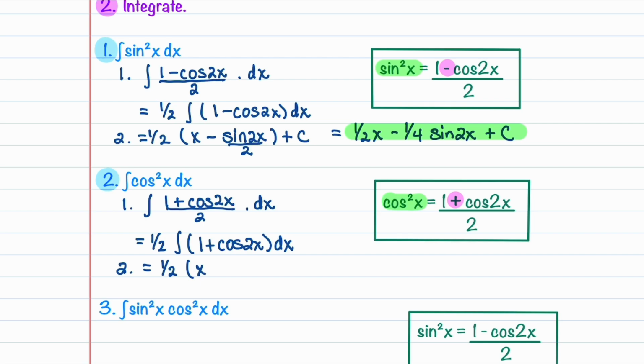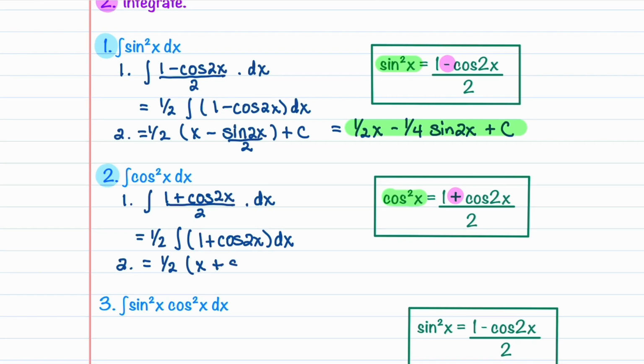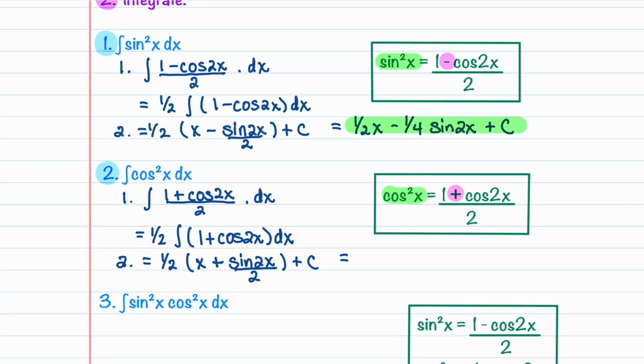The integral of cosine 2x is a plus sin 2x, but don't forget we have to divide by 2 because we have a 2x instead of an x. And then we have our plus c. Let's rewrite this, and our answer is 1/2 x plus 1/4 sin 2x plus c. And there's our final answer.